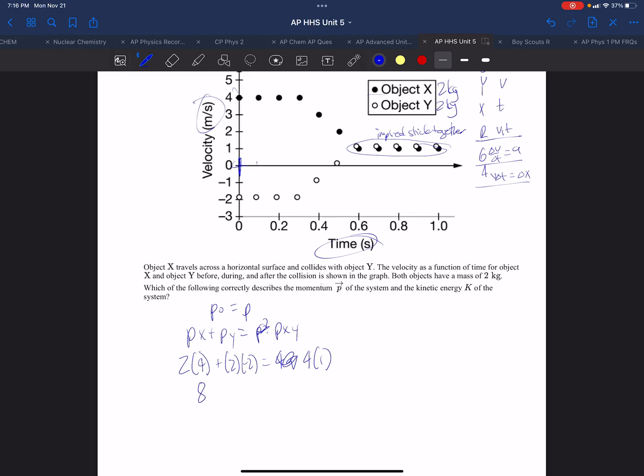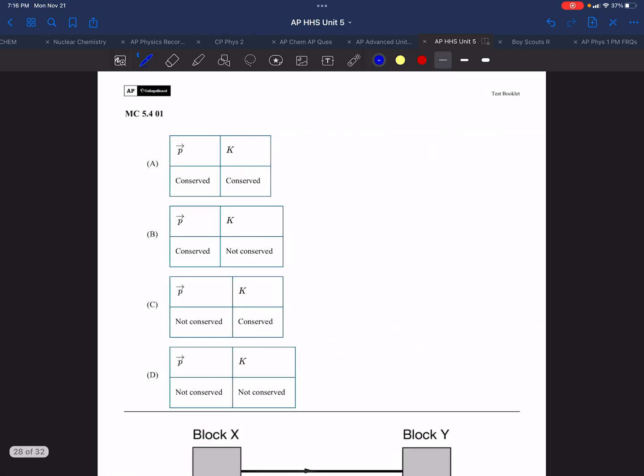So here we have 8 minus 4 equals 4. So check, we show the momentum before and afterward is conserved. So let's go on and see what they might be looking for in the choices. The momentum is conserved: true, true, not true, not true.